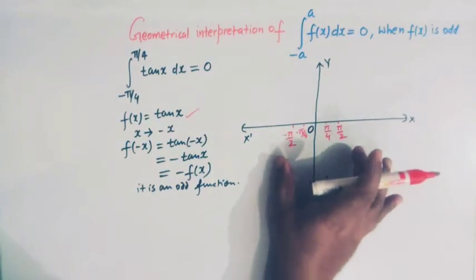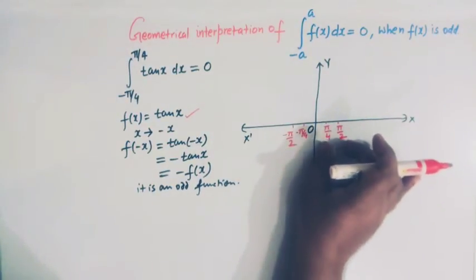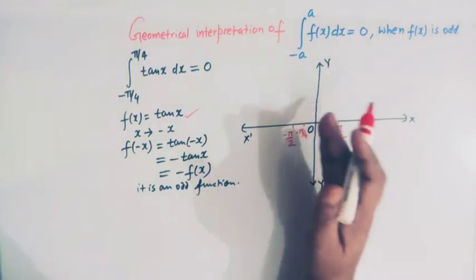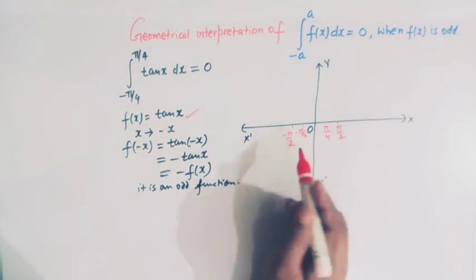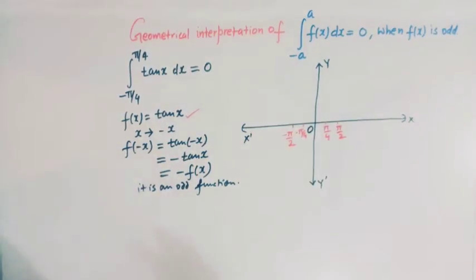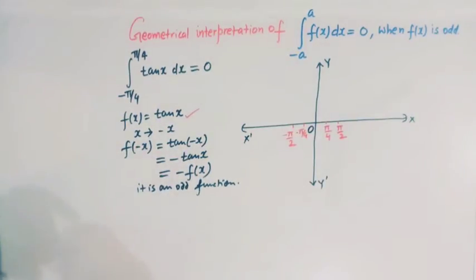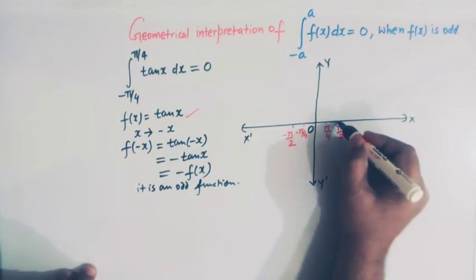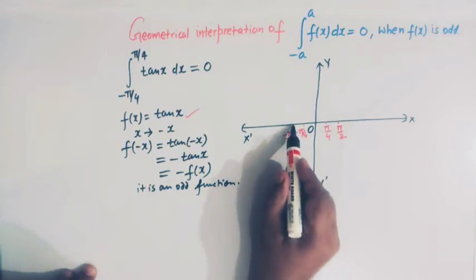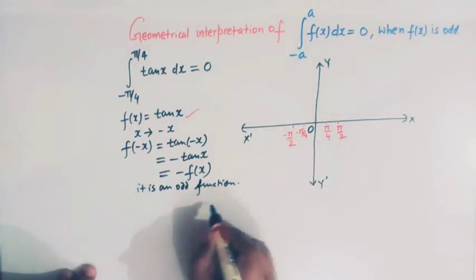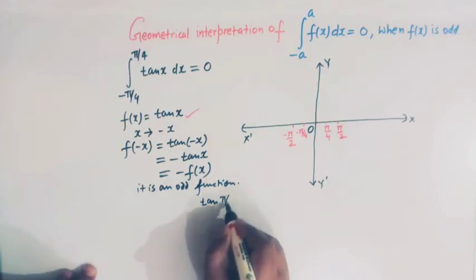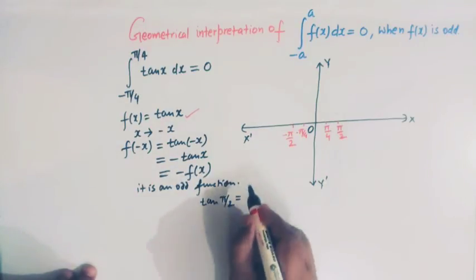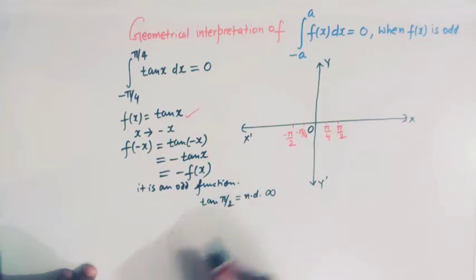So here we are taking only these two values, pi by 4 and pi by 2, on the positive x-axis, and minus pi by 2 and minus pi by 4 on the negative x-axis, right? So now we know that the function tan x is infinite at x equal to pi by 2 and x equal to minus pi by 2. So we know that tan of pi by 2 is not defined, or it is infinity, right?